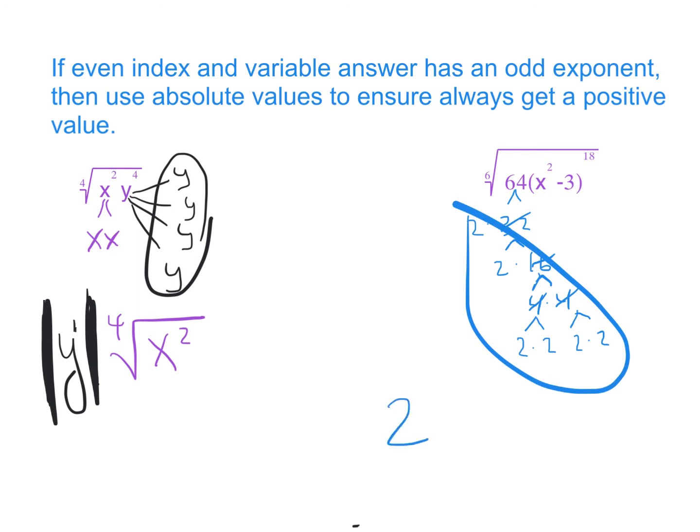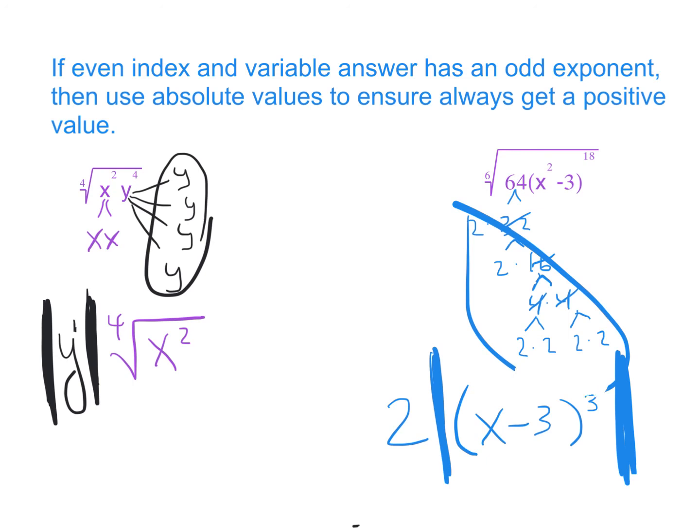My x squared minus 3 has a quantity to the 18th power. Well, 6 goes into 18 3 times. So, to the 3rd power. And let me put this here, sorry, to the 3rd power. Because it's odd, coming from an even index, absolute value it. So there's the answer to that.